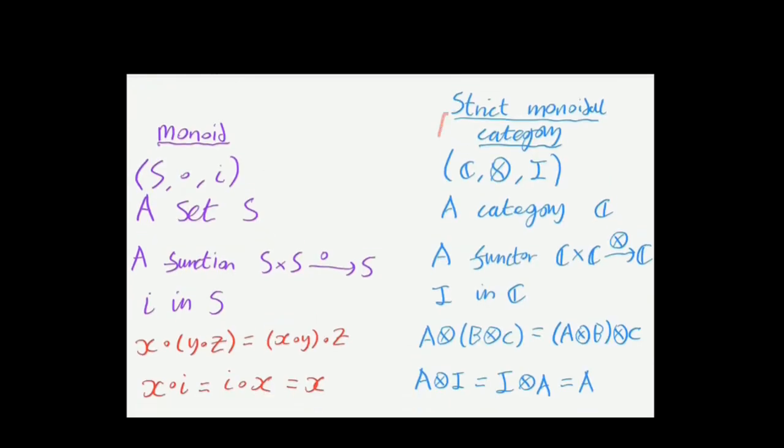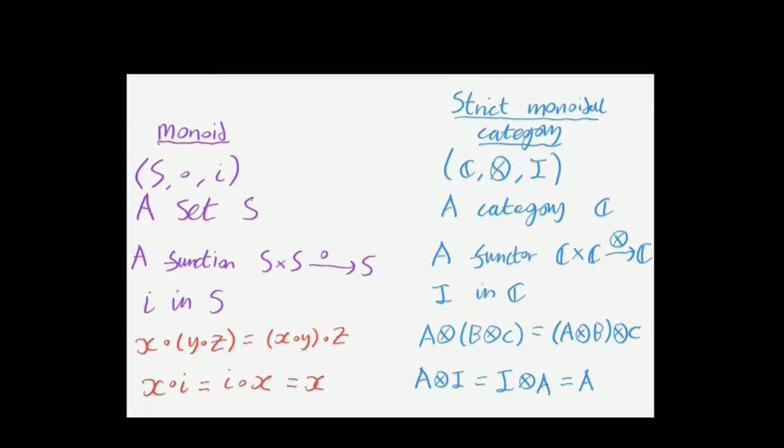So we have this definition here of strict monoidal categories. Now, it turns out that this condition is a little bit too restrictive for a lot of structures that we're interested in. And so what we like to do is actually relax this definition a bit.